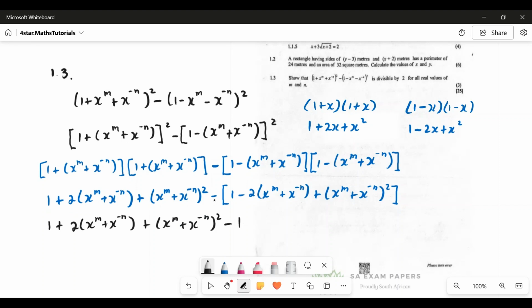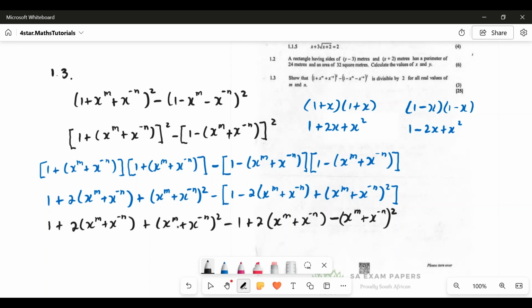Minus 1 minus, negative times positive, then a negative times negative, we get positive, x to the exponent of m times x to the exponent of negative n. Then a negative times this positive, we're going to get a negative x to the exponent of m plus x to the exponent of negative n. Remember, this is squared.